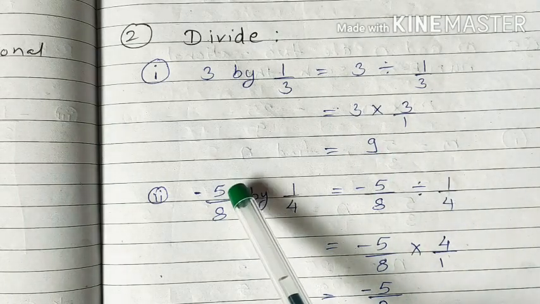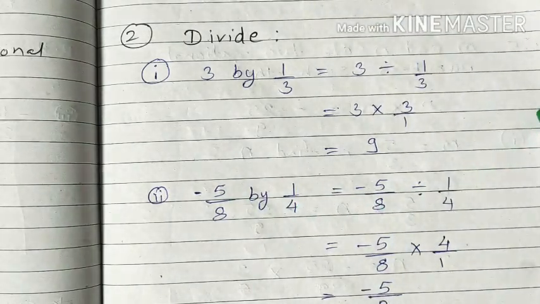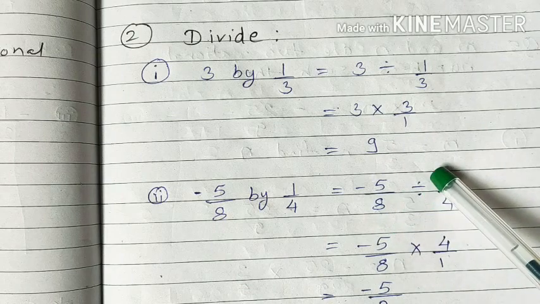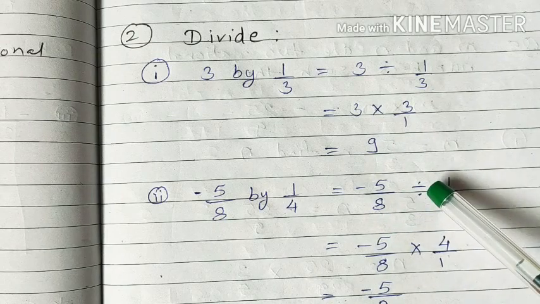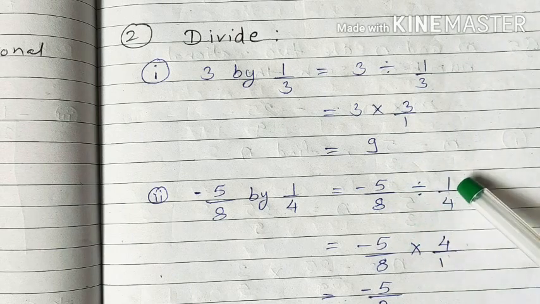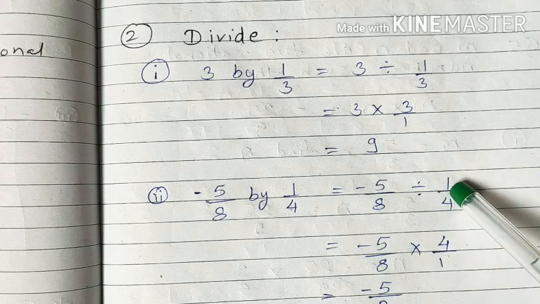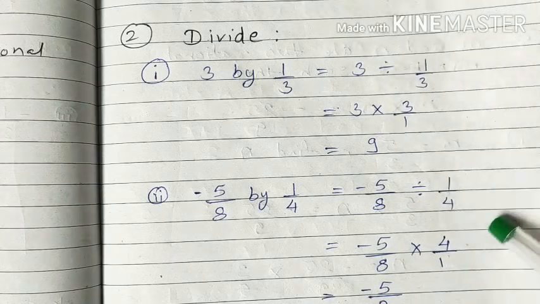Okay. Second example, minus 5 upon 8 divided by 1 by 4. What is the procedure? Convert this division into multiplication and take the reciprocal of 1 by 4. What is the reciprocal of 1 by 4? It is 4 by 1.